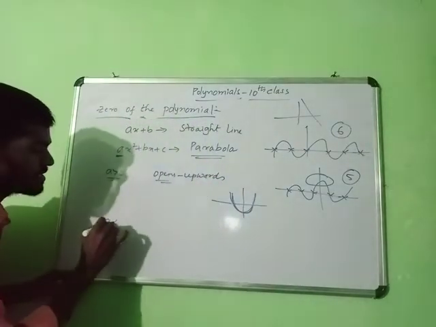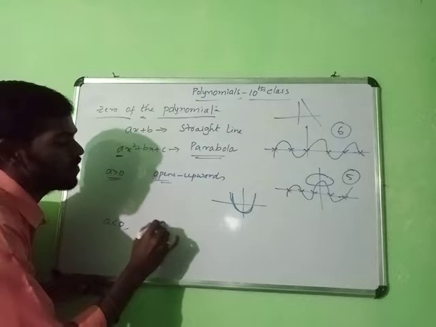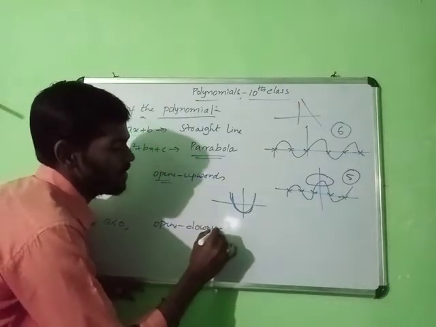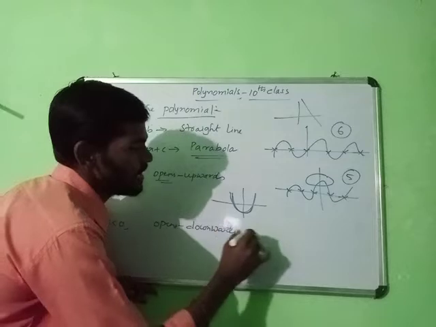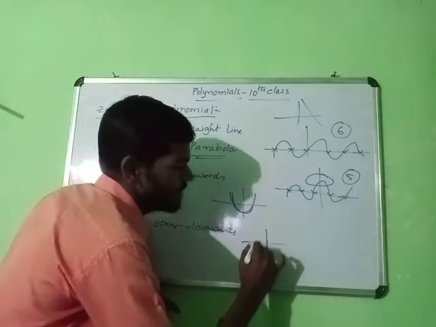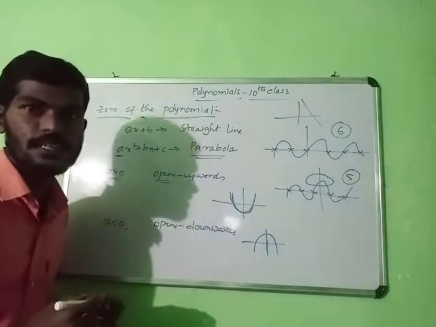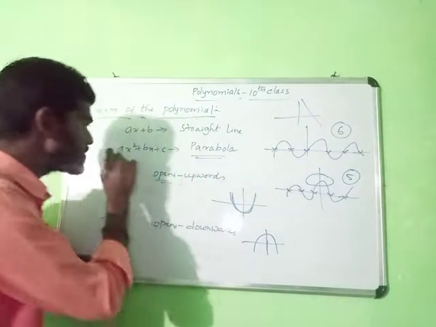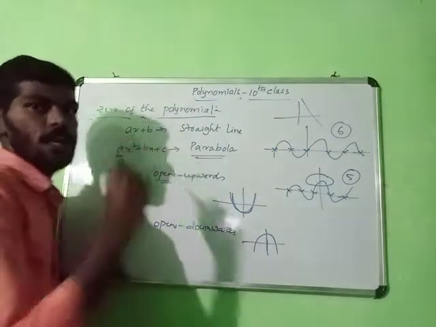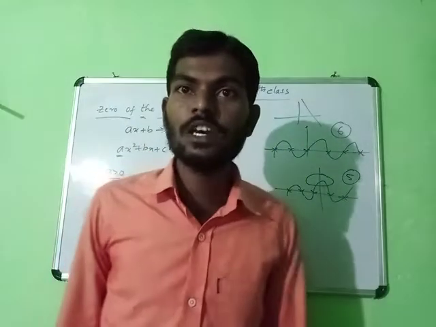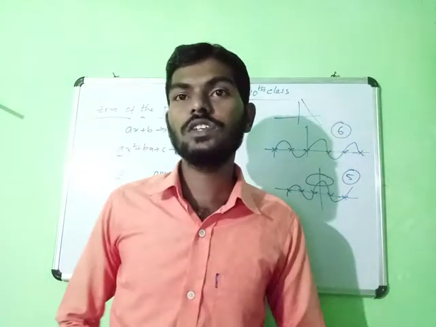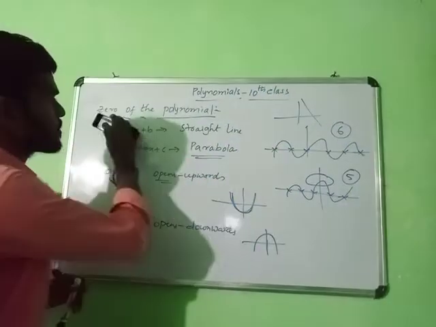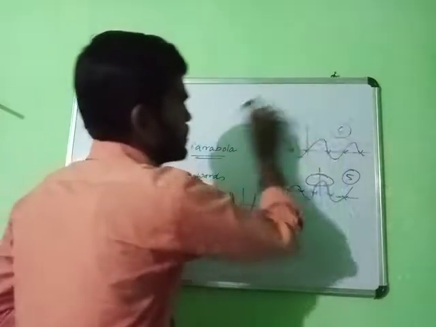If a is less than 0, then it opens downwards, and the graph will come like this. Now, taking this question, x square plus bx plus c, how many zeros are there? 2 zeros. How to find the zeros?